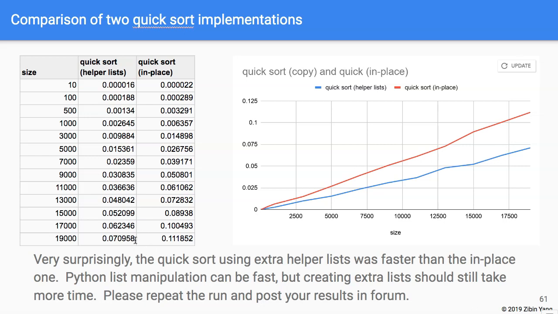So at the moment, I'm not entirely sure why using extra lists would be faster than the strictly in-place implementation. So I would ask you to kindly repeat the test runs, and then maybe share your results in the forums, and then let's discuss it.